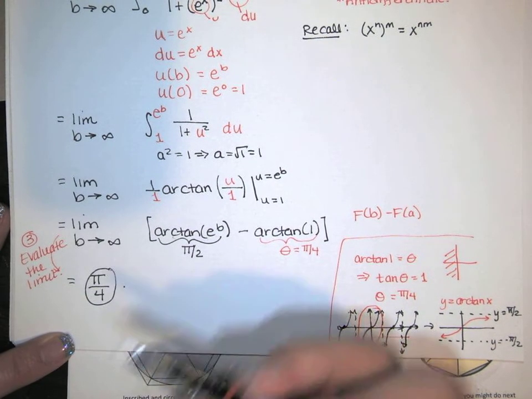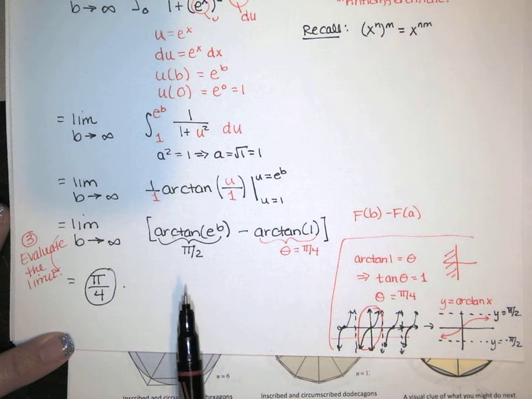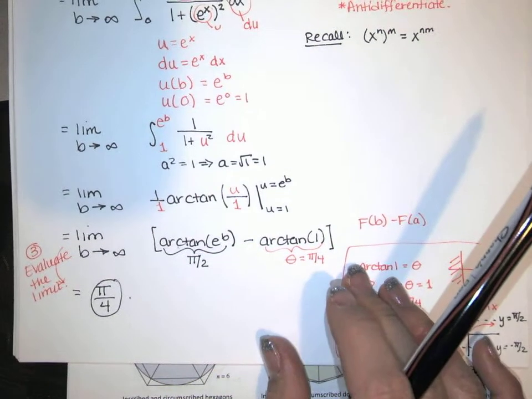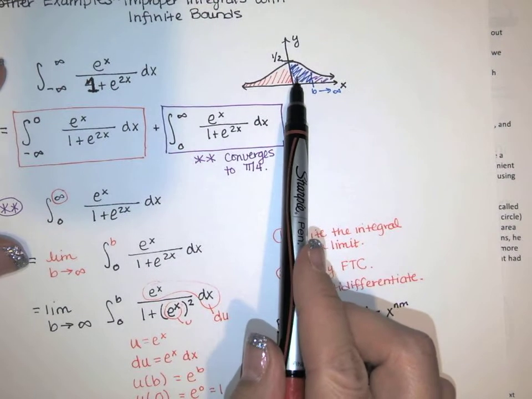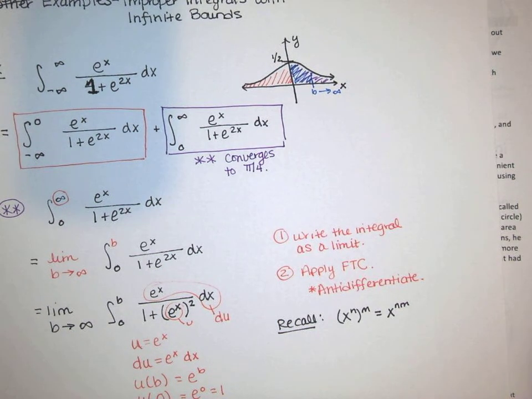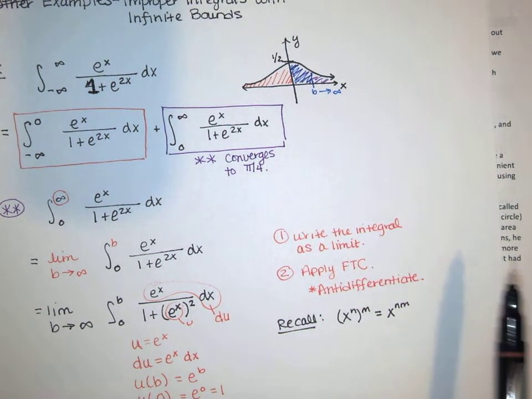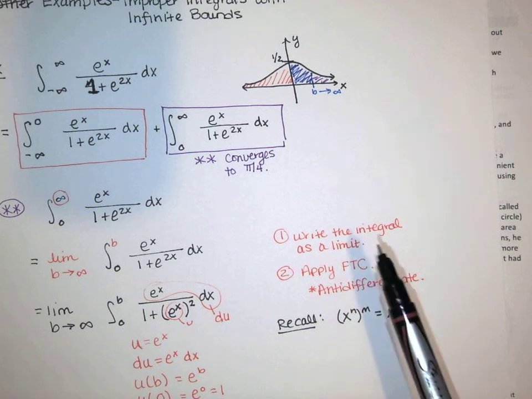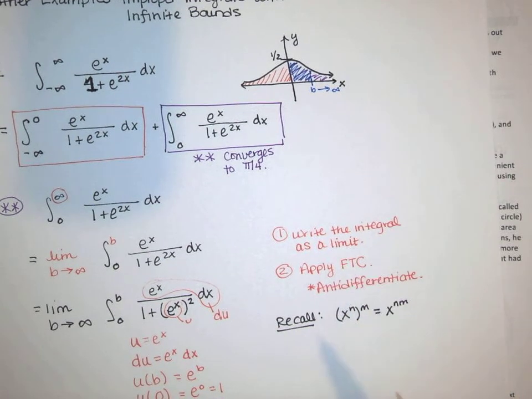You can't forget it. Unfortunately, it comes back again. And it's related to this beautiful area problem, this finding the area of this unbounded region if it's finite, if it exists. Okay, so we've got to be able to write the integral as a limit, apply the fundamental theorem, and then evaluate the limit when we're done.